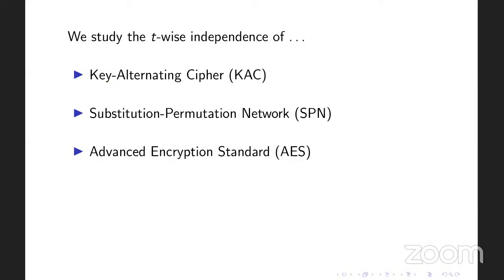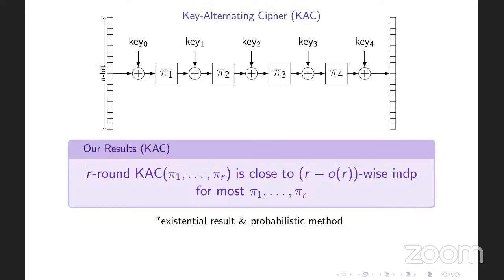In this paper, we studied the block cipher designs KAC, SPN, and the concrete cipher AES. For the rest of my talk, I briefly mention our results. For KAC, we show that R rounds of KAC is close to slightly less than R-wise independent.